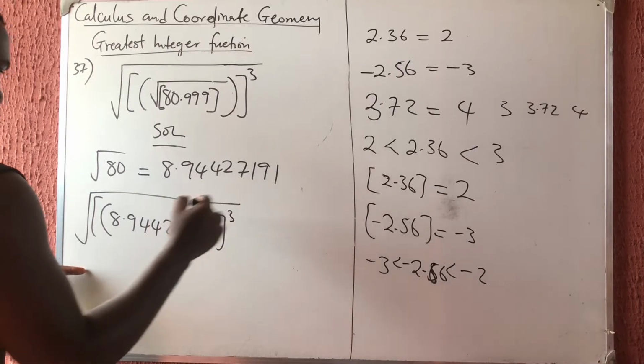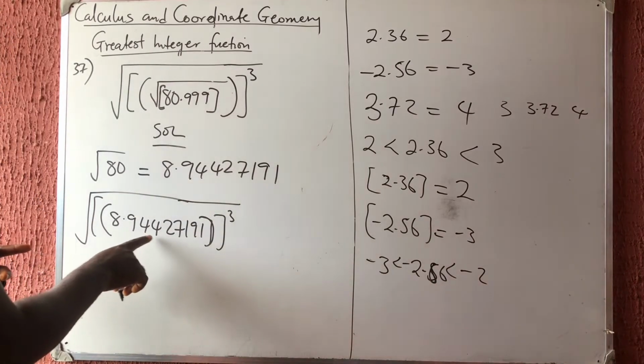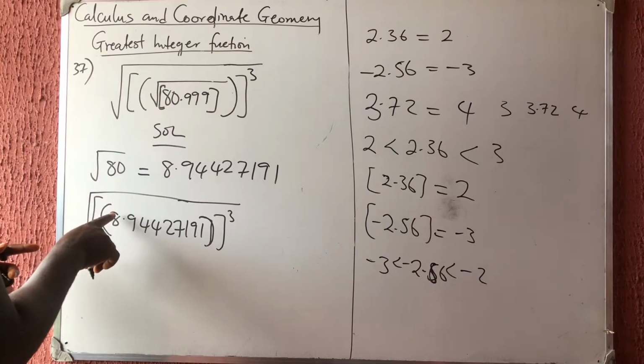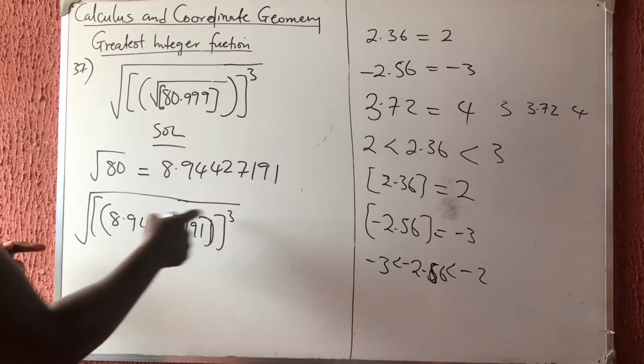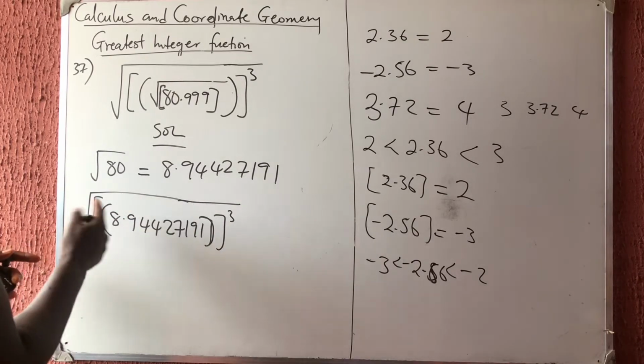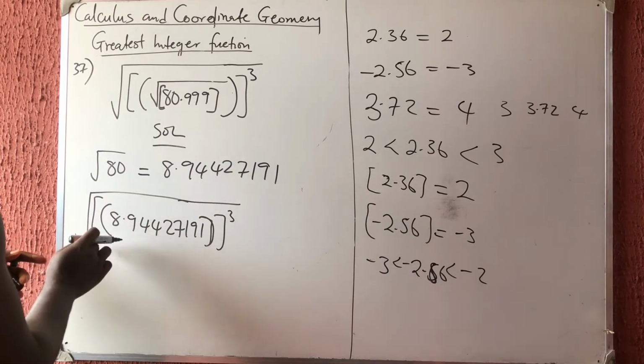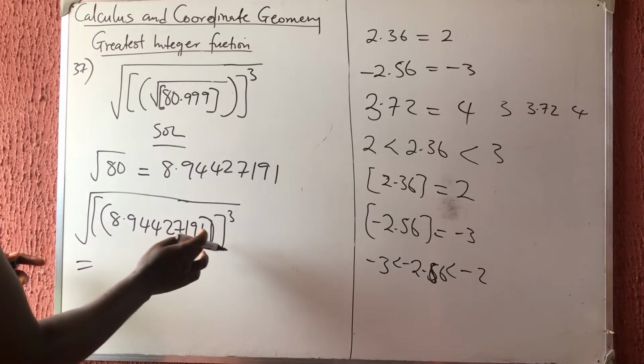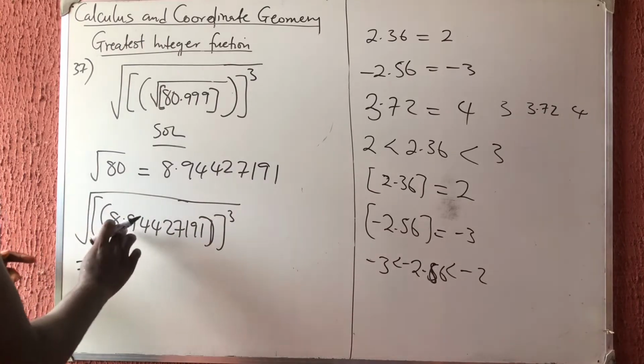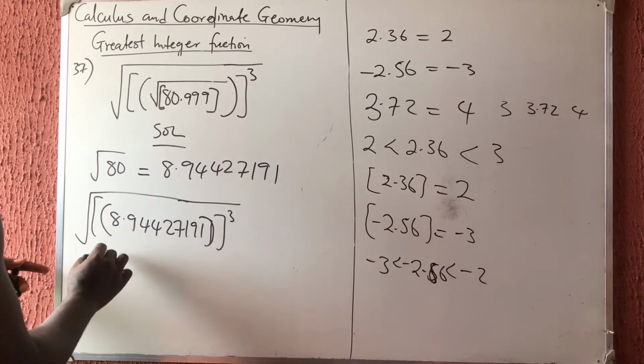So I'm going to first of all do the greatest integer function of this, then get the cube, before I get the square root. This bracket does not mean anything because there is nothing outside, so the bracket is gone. The greatest integer function of this number gives me just 8.